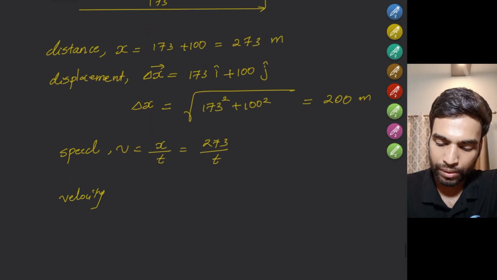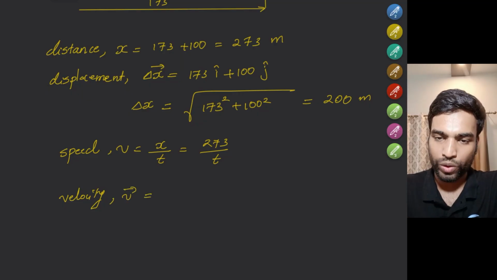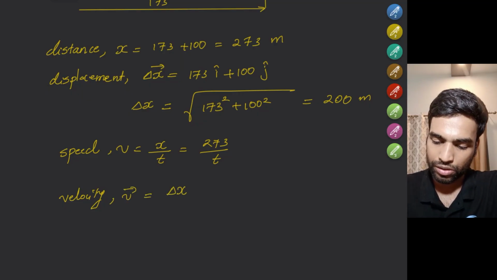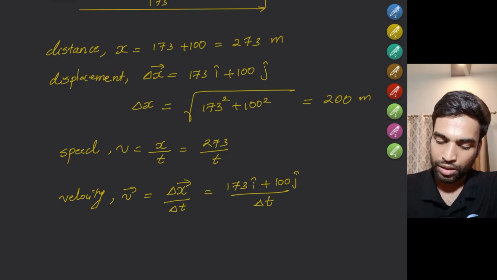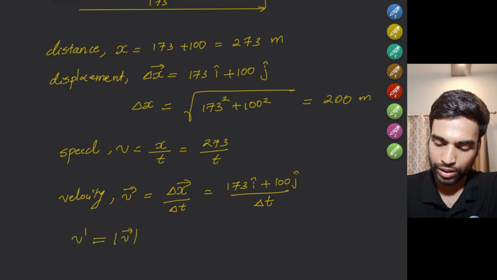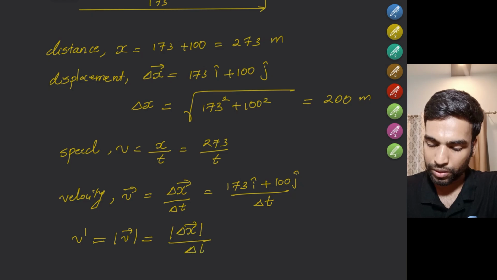v vector is equal to delta x vector divided by delta t, and that will be just 173 i cap plus 100 j cap divided by delta t. Now, if you want to find the magnitude of v, I can write magnitude of v as v dash, which is equal to modulus of v vector, and that will be the magnitude of the displacement vector divided by the time duration.